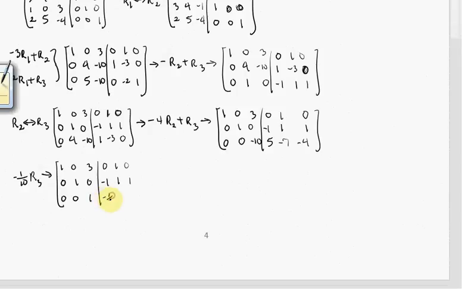Gives us negative 1/2, 7 over 10, 2 over 5. So now the last thing, the negative 3 times row 3 plus row 1. It's going to give us the identity here.